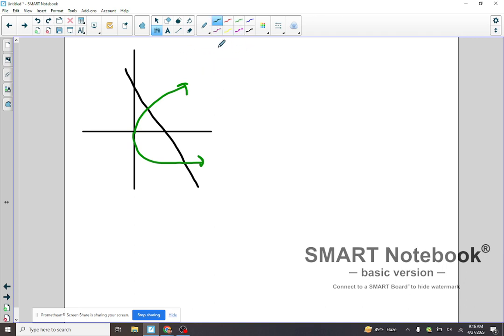In this case, let's say this is y equals x plus 3. And let's say this is x equals y squared. The green one is x equals y squared.